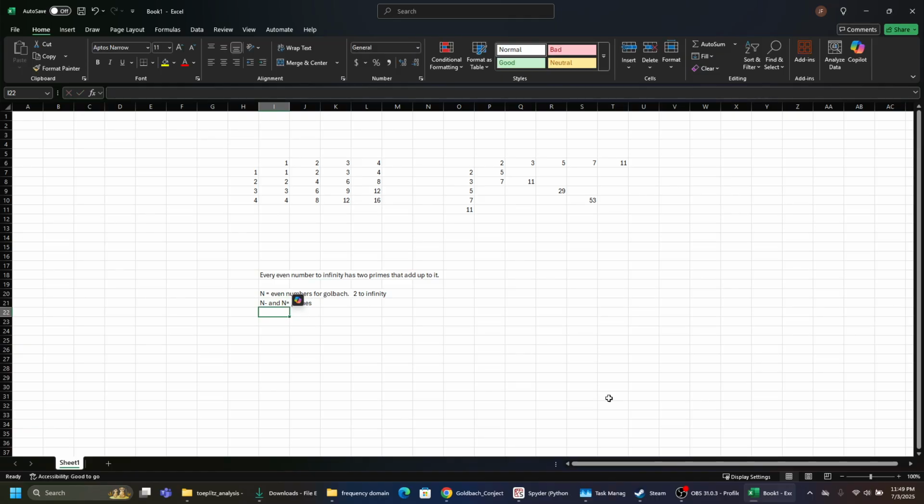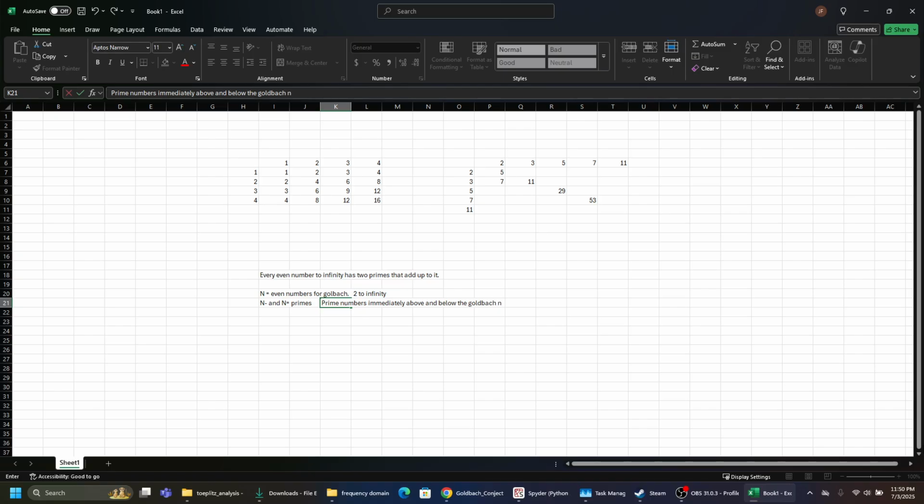That means the prime numbers immediately or closest above and below the Goldbach number n. So, for example, if you're looking at the number 6, it would be surrounded by 5 and 7.